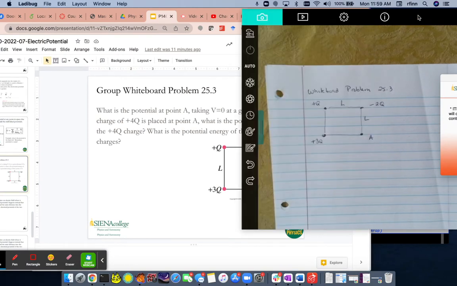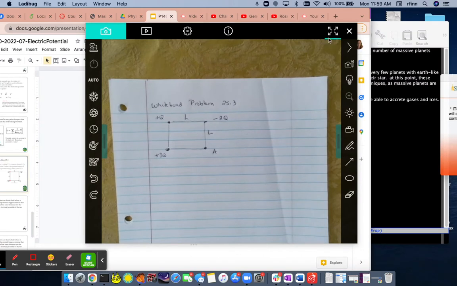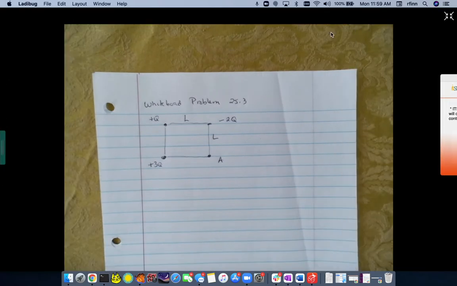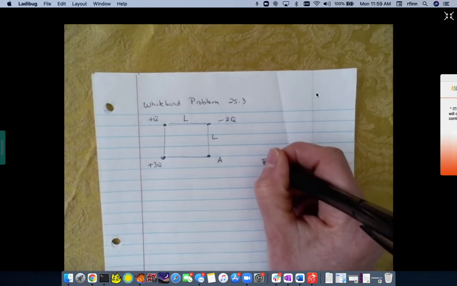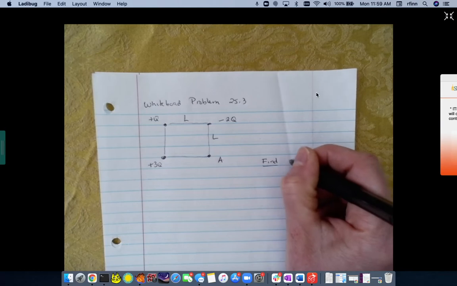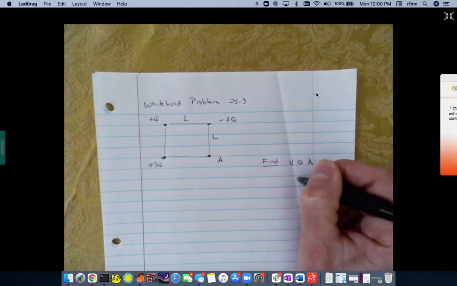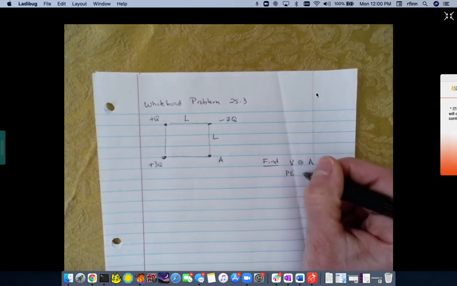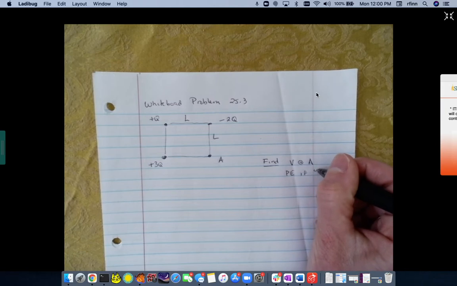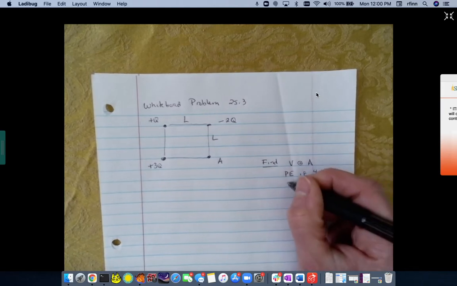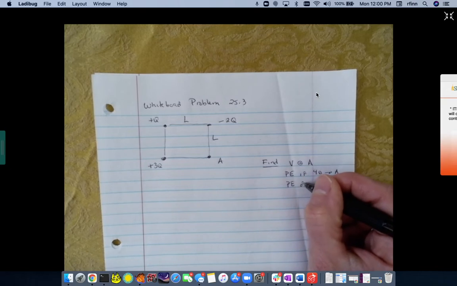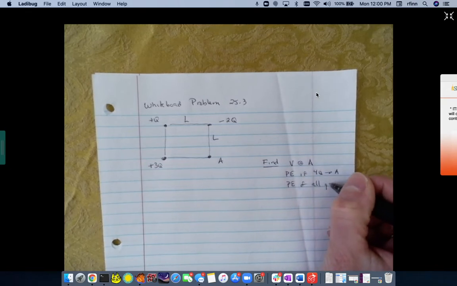Okay, so I copied this over already. So this is what our setup looks like, and we want to find potential at A, and we want to find potential energy if our 4Q goes to A, and then potential energy of all charges.